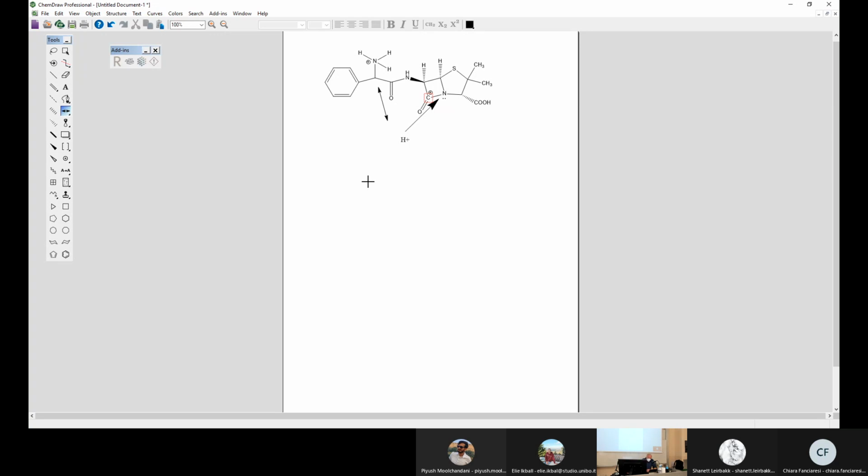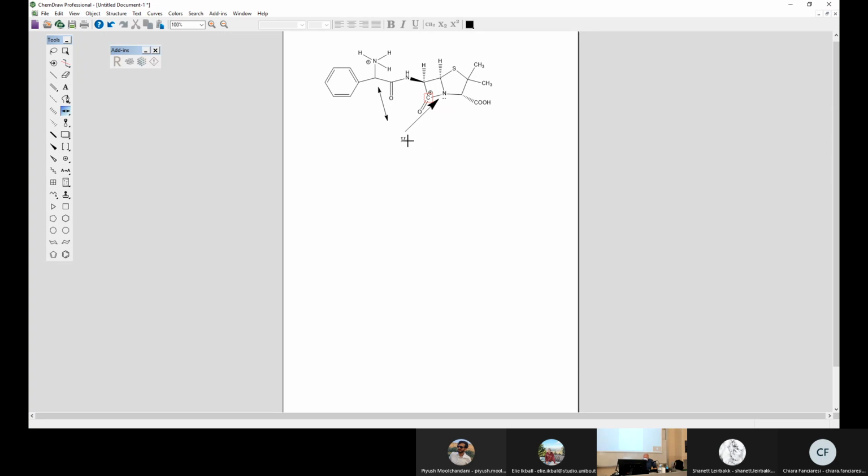So the presence of this basic function in the side chain increases the pharmacological properties of this penicillin in two different ways. First, we have a more hydrophilic compound able to cross the membrane of gram-negative through the aquaporin channels. So we have a wider spectrum.